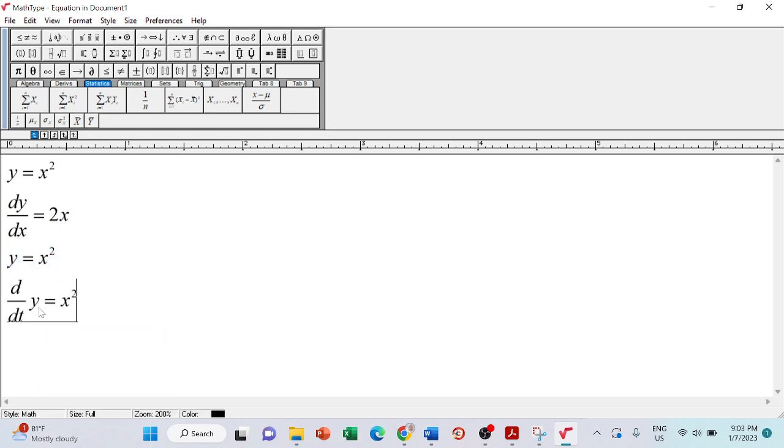Dua-dua belah kita akan bezakan terhadap t. So kita akan tulis macam ni lah. Dua-dua belah kita akan bezakan terhadap t. Okay? Boleh? Can you see the difference between the process?